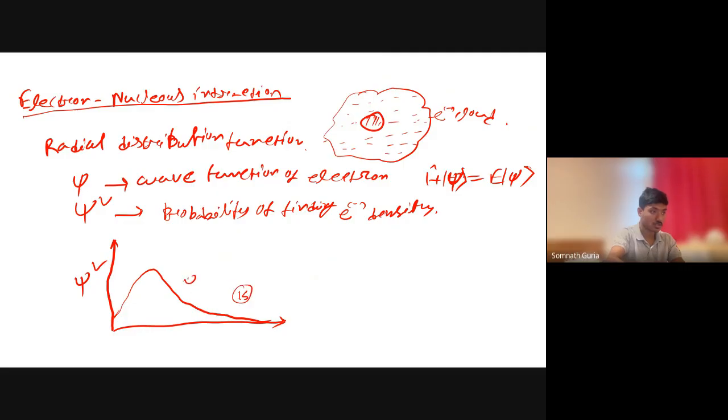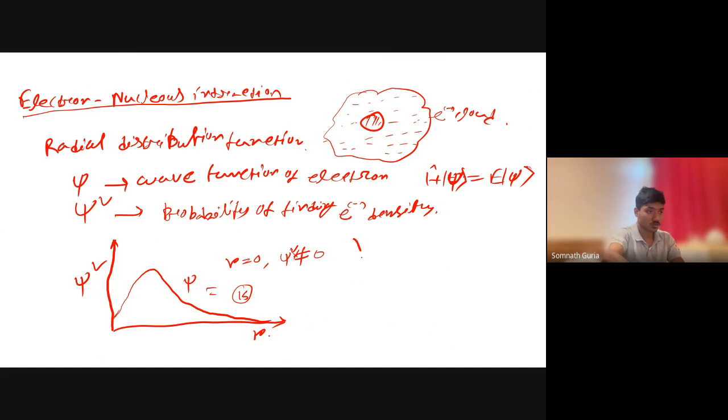When r equals 0, psi square is not equal to 0, and this is the r axis.